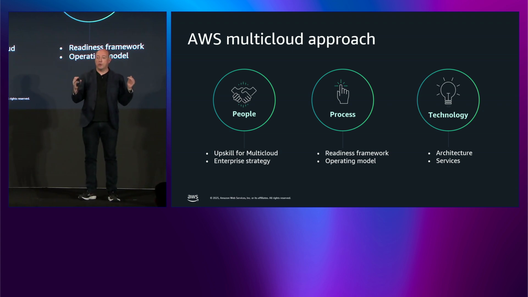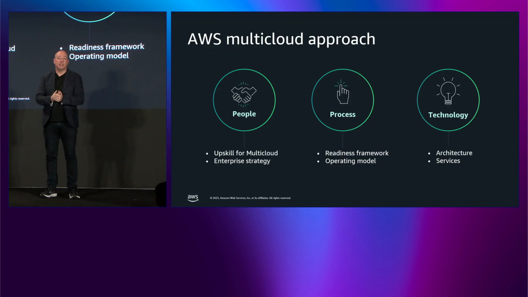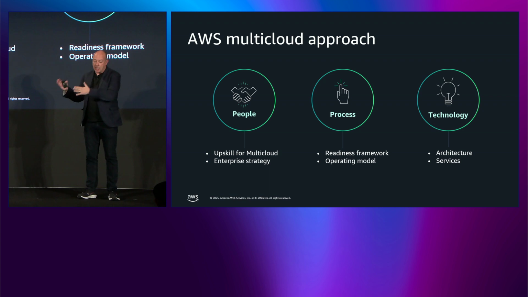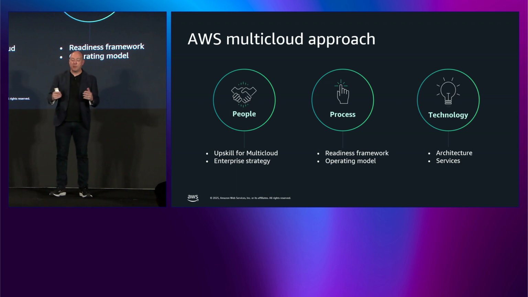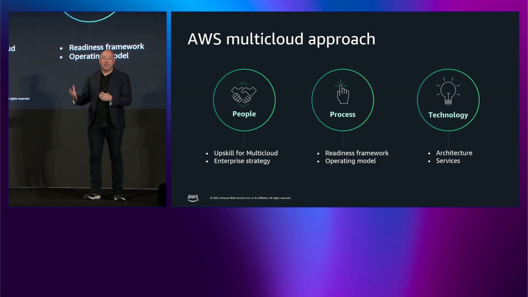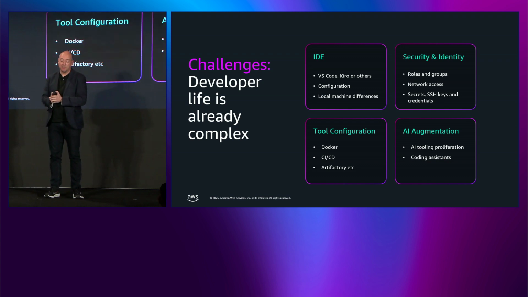Maybe you've had acquisitions, and then also you could be looking at using tools from vendors that may be on different clouds as well. So how do we approach that from the AWS perspective? We very much put it into a people, process, and technology perspective. I guess generally people mostly focus on technology, but there is the people and process component of it today. There's a number of frameworks out there that talk about how to operate in multi-cloud, so definitely check those out as you get into that process.